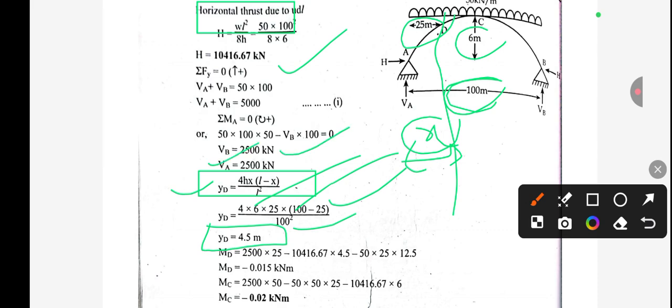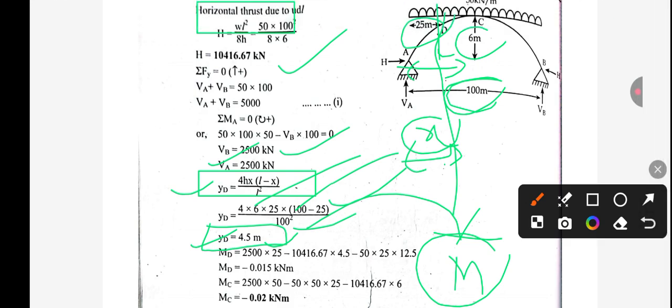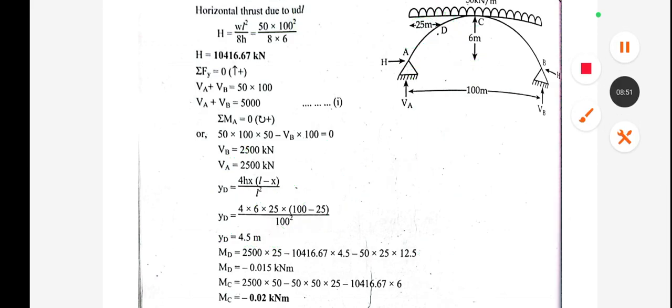Now we have also calculated y, that is 4.5 meter, which gives the point where the maximum moment will be offered. From the left side, at a distance of 4.5 meter from A, the maximum moment will be offered. As we know the distance, now we can directly calculate how much moment will be offered at that point.